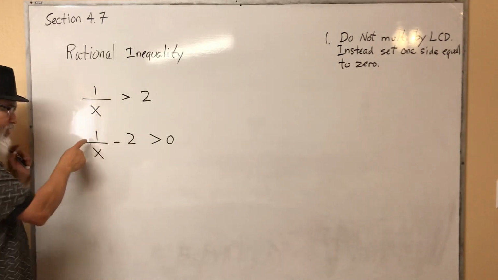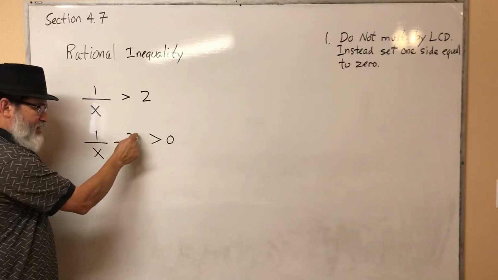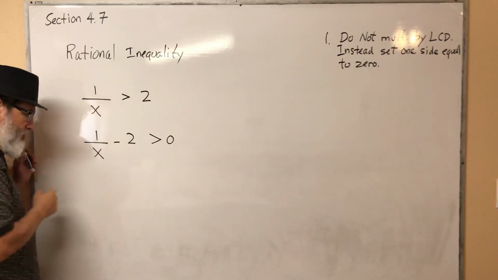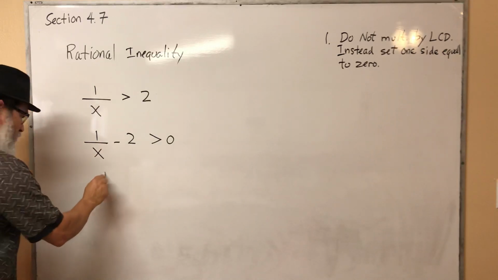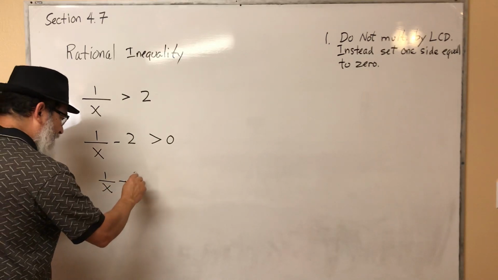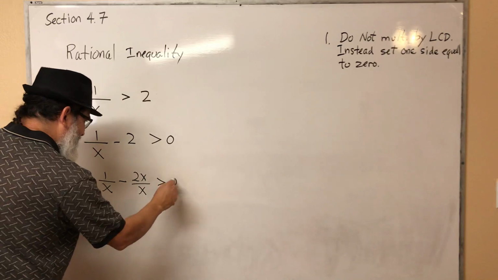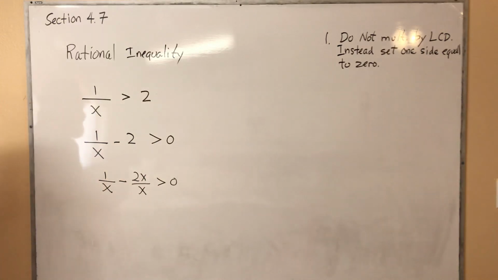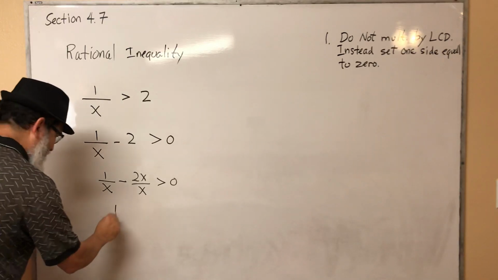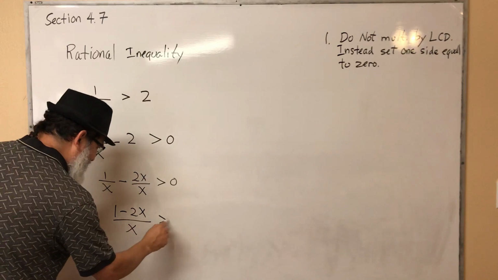So if I'm going to subtract 2 from this, I'm going to multiply the top and bottom of the 2 by x. So 1 over x minus 2x over x. And now I can combine. So 1 minus 2x over x is greater than 0.